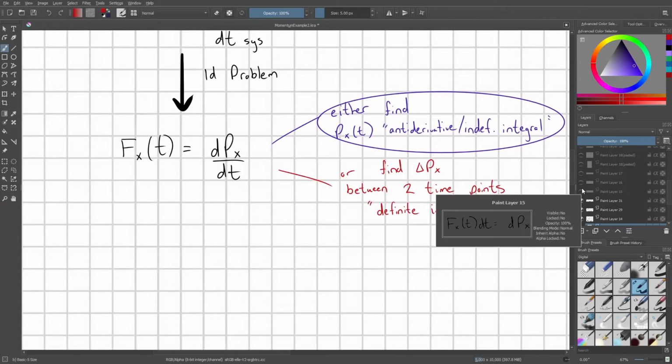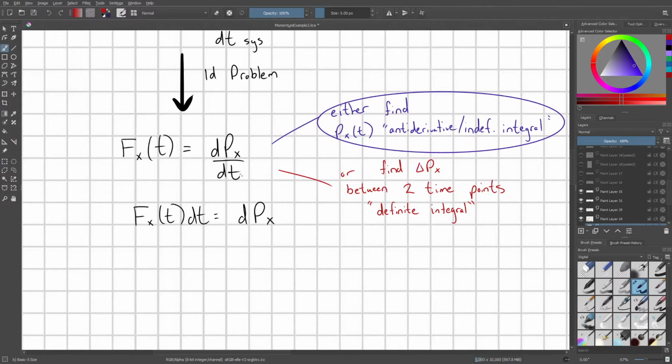So this is a separable differential equation, so I can move my dt to the other side, and then I can integrate both sides. Remember, indefinite integral because we're just finding the antiderivative here.